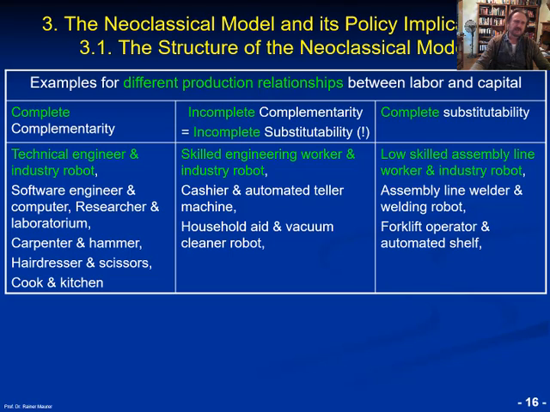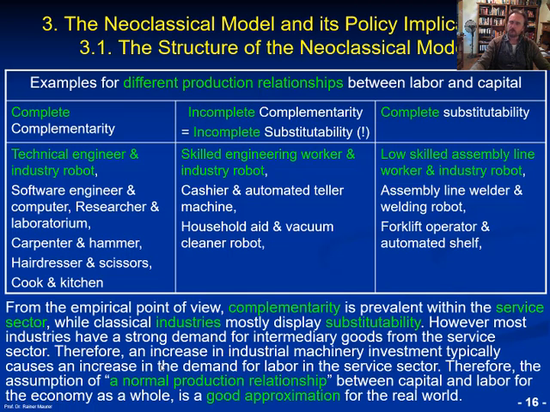A skilled engineering worker is typically needed to supervise and maintain industry robots. But more and more industry robots can today use, for example, artificial intelligence algorithms to do the work of skilled engineering workers. So this is an in-between area where both of the ideal type production relationships come together.